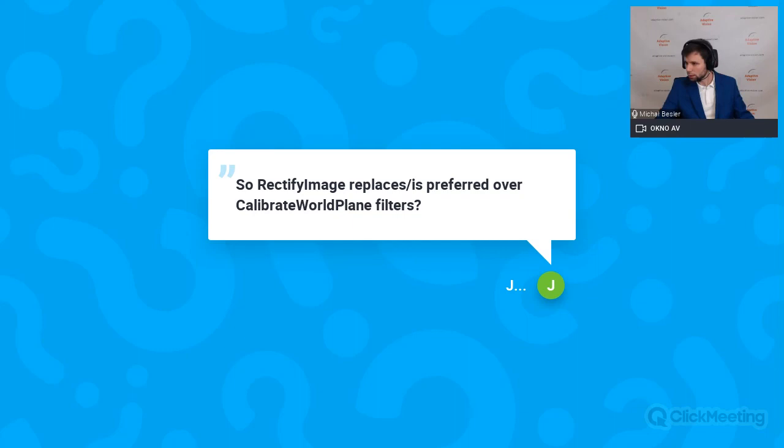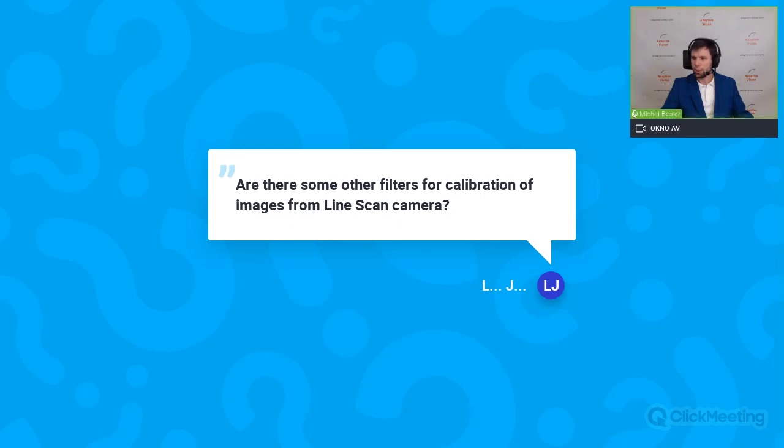Okay. Are there some other filters for calibration of images from a line scan camera? In fact, we are supporting area scan camera as well as line scan camera filters. The line scan mode has been added only recently to our software, and for now we can perform that calibration using the filters.